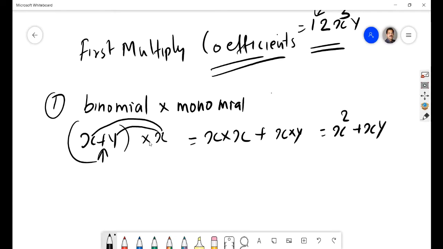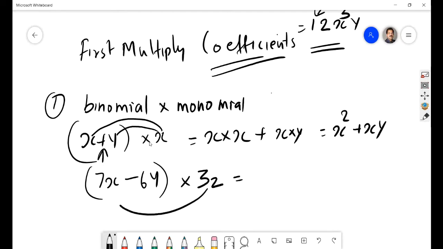Understood? But the question can also be like this: 7x minus 6y, the whole multiplied by 3z. First I will show the monomial multiplication. So you will multiply 3z, it is z, not 2, and then with this subtraction in between.